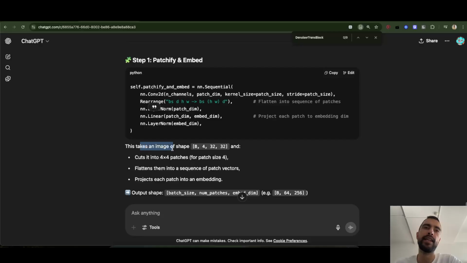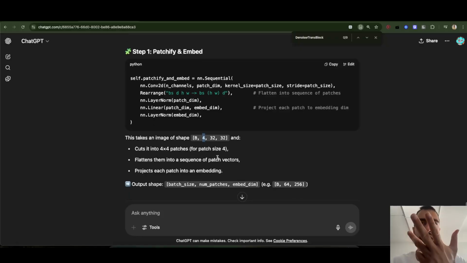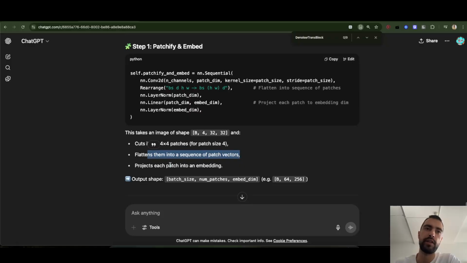So this takes an image of shape B, 4, 32, 32, so batch size, 4 channels. This is a bit weird, so I guess it has also alpha channels, so red, green, blue, alpha, I'm guessing. So it cuts it into 4 times 4 patches for patch size 4, flattens them into a sequence of patch vectors, projects each patch into an embedding.